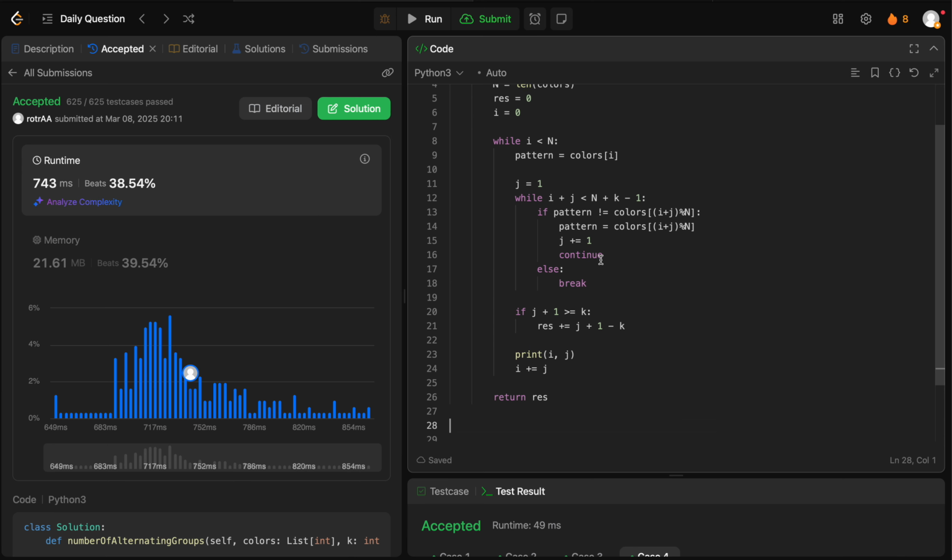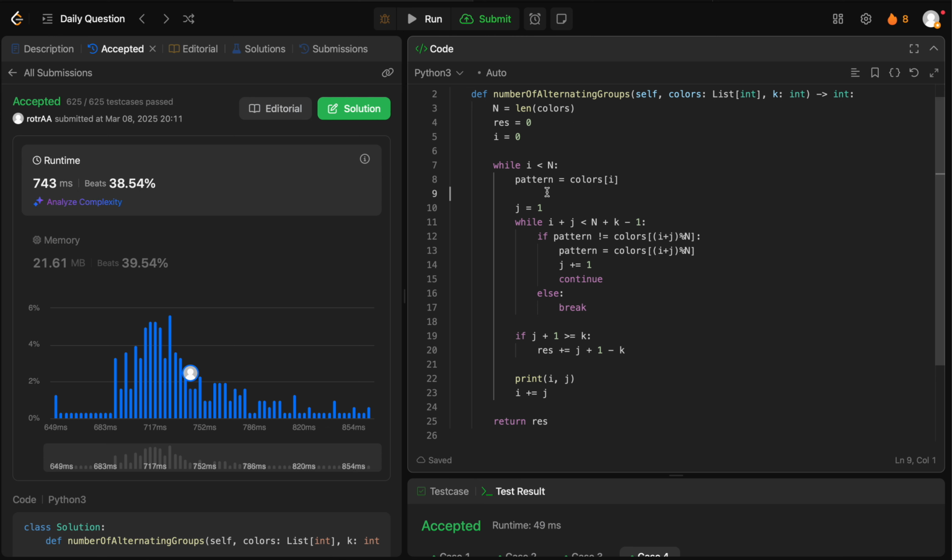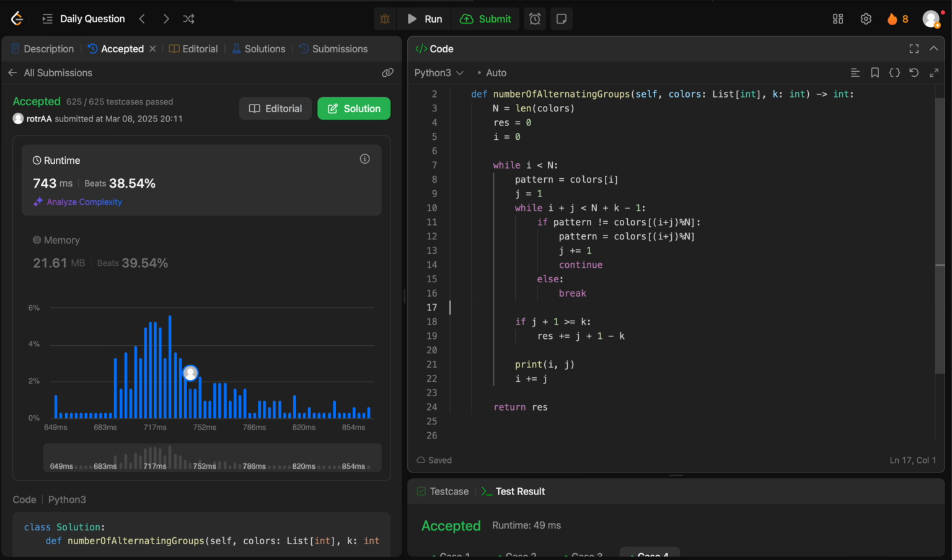I gotta say this was pretty nice. Pretty nice question. And I'm kind of happy with what I did here. I'm not sure what's the name of this, but essentially the idea is, if something is not good for the pattern, I don't need to check the other things because it's essentially not good.